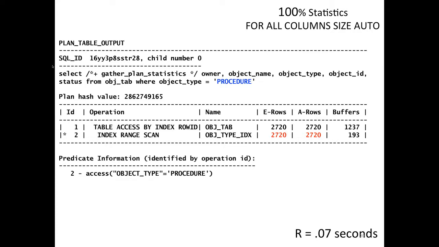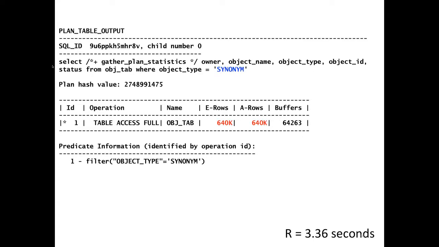A histogram was developed. The estimate rows now for procedures matches identically my actual rows, and my response time is basically the same. Now when I query for synonym, notice that my estimate and actual are also the same. But the really neat thing is that now I no longer get an index range scan, I get a full scan.